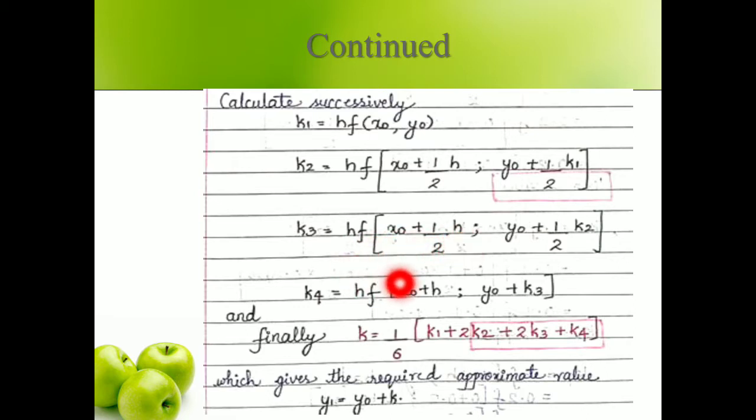K4 is equal to h of f of x naught plus h, y naught plus K3. So finally we get K to be 1/6 of K1 plus 2 times K2 plus 2 times K3 plus K4, which gives the required appropriate value. Then y1 is equal to y naught plus K.